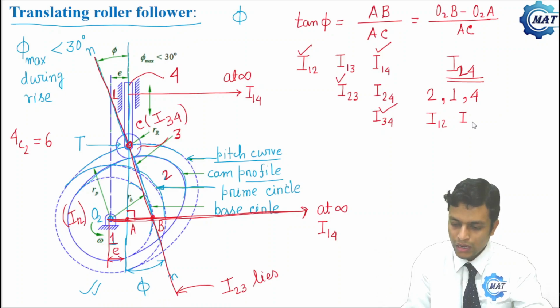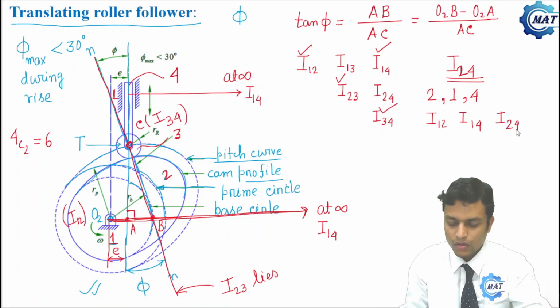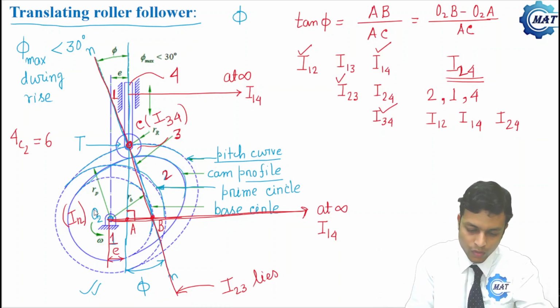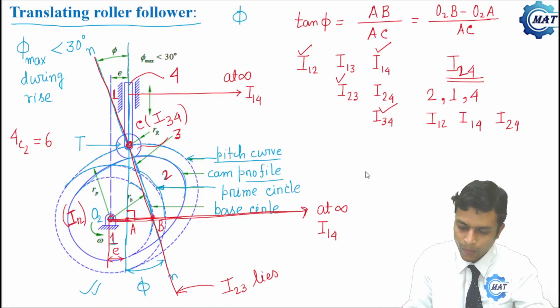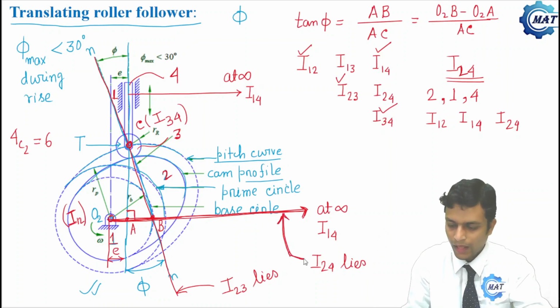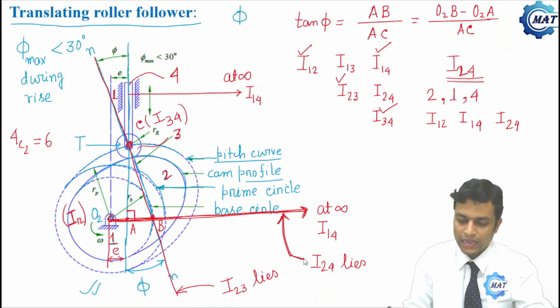I12, I14 and I24 are collinear according to Aronhold-Kennedy's theorem. Where is I12? O2 is I12, this point is I12. I14 lies on this line, so I24 must lie on this line.